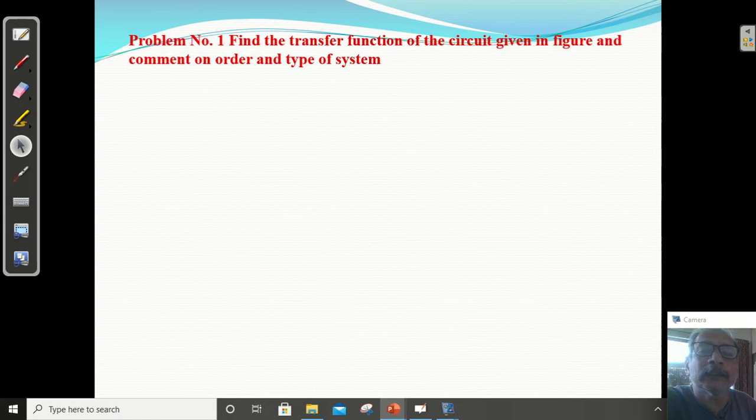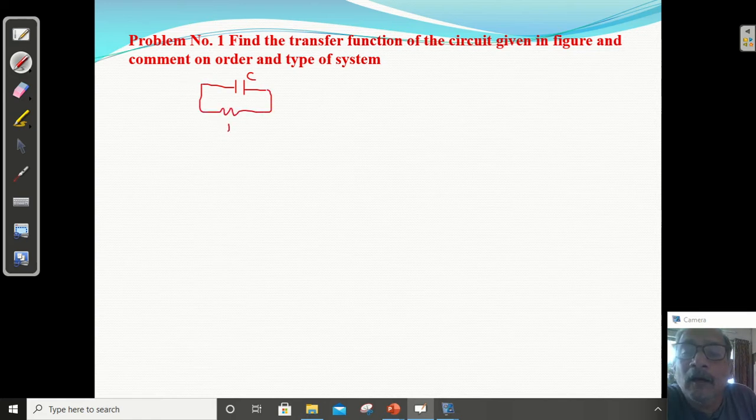Find the transfer function of the circuit given in figure and comment on the order and type of the system. So let us say I am going to discuss this numerical. Let us say this problem I have given. This is C. This is R1.